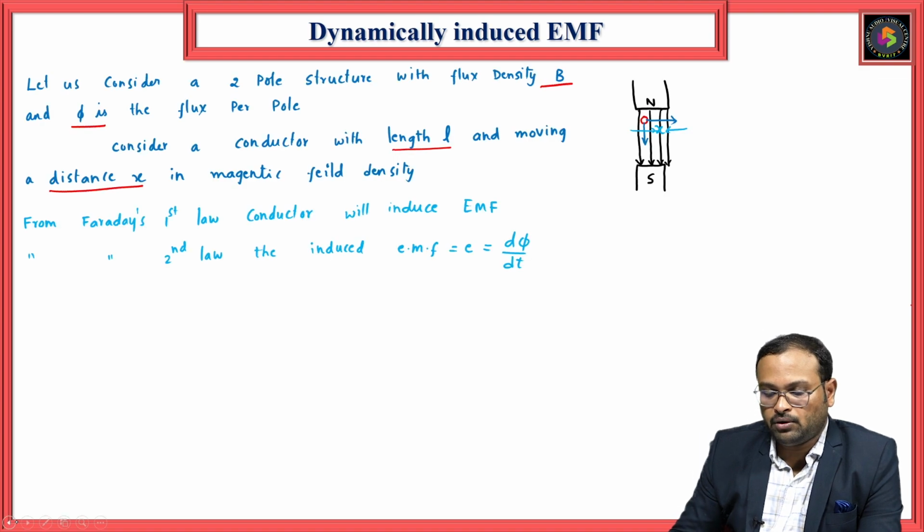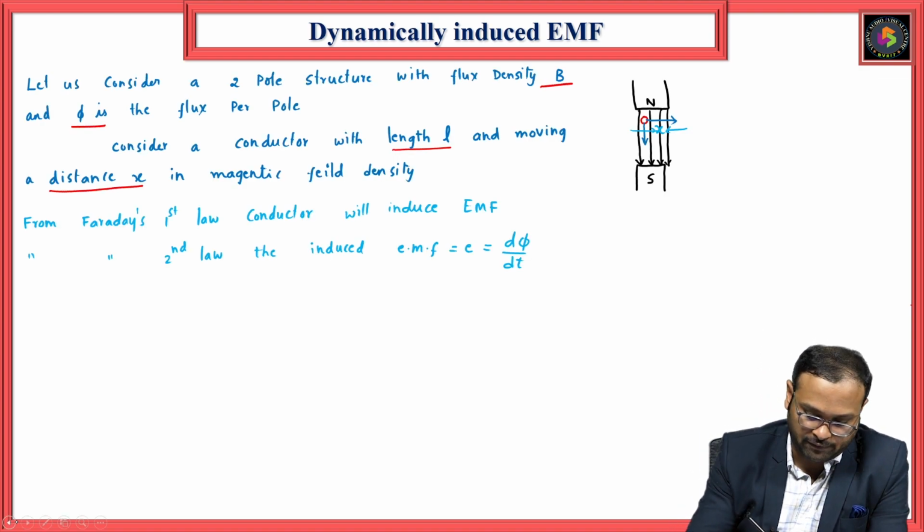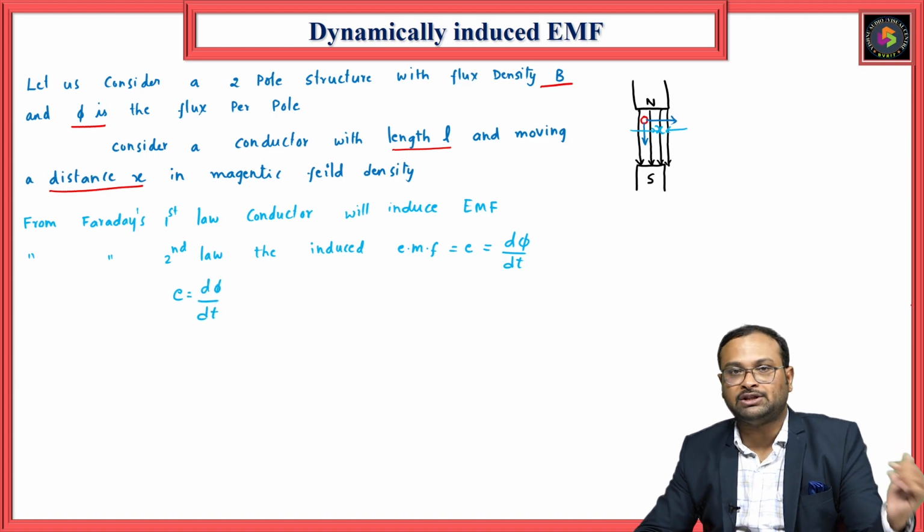Now we have to find out this induced EMF. E is equal to d phi by dt, and what is d phi? It is the change in flux.